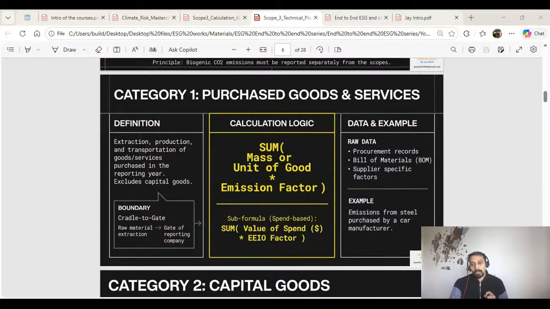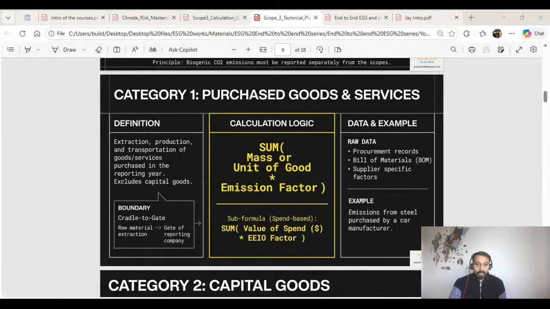It means, from where the diesel has been extracted, produced, and transported, from starting raw material extraction to the gate of the reporting company, you have to calculate each and every step.